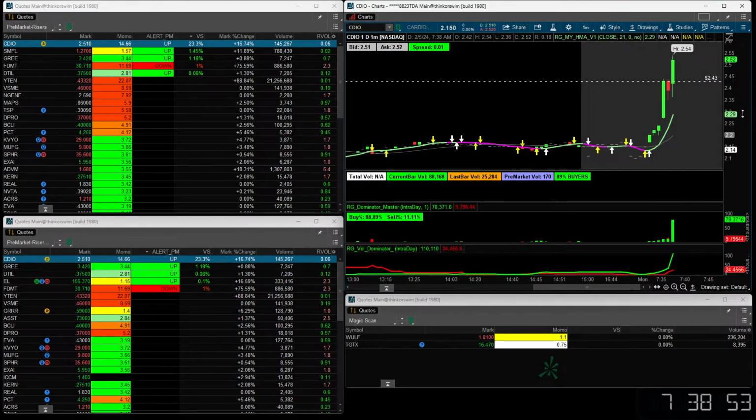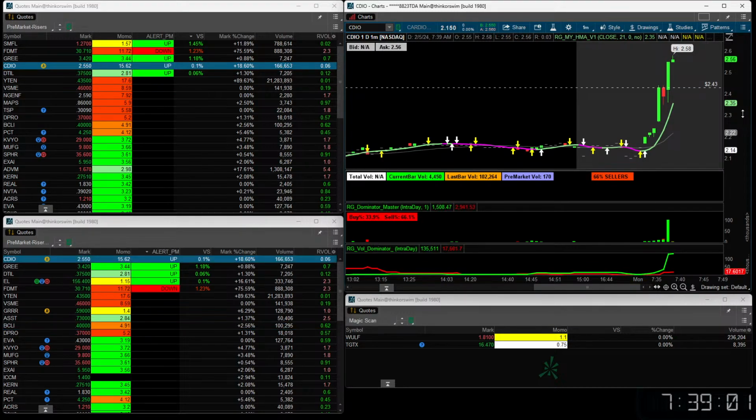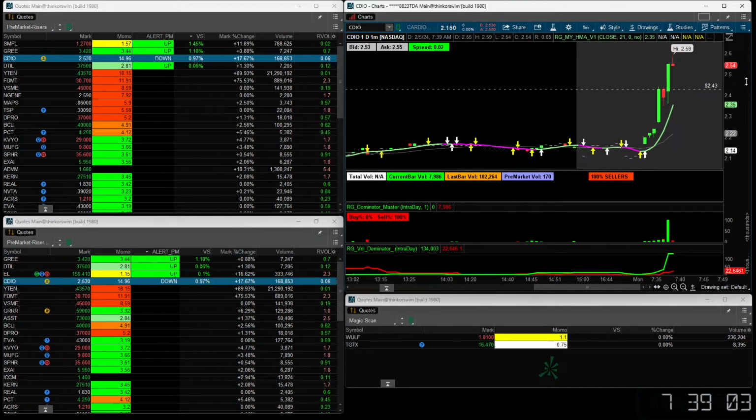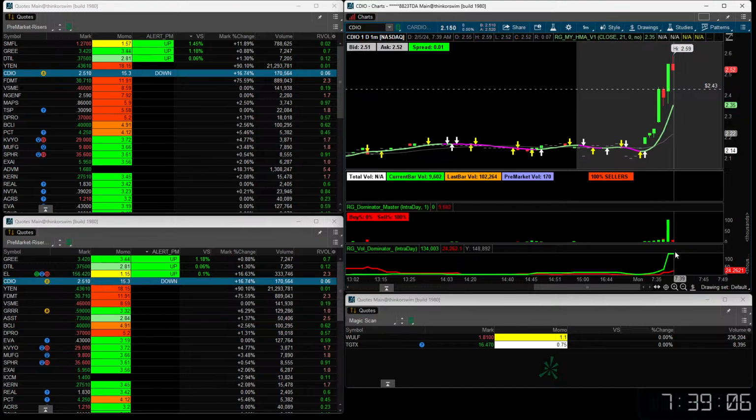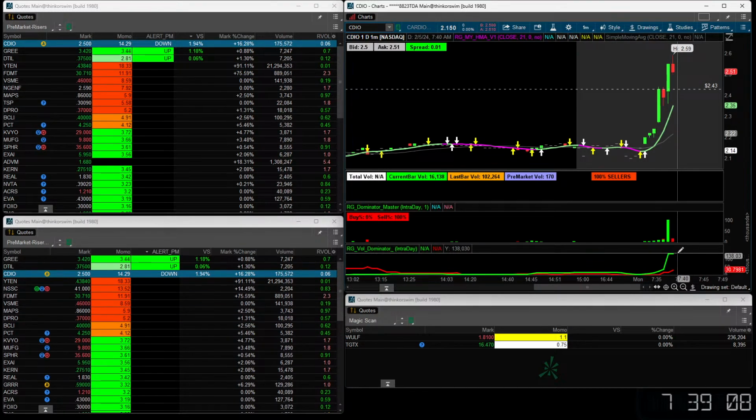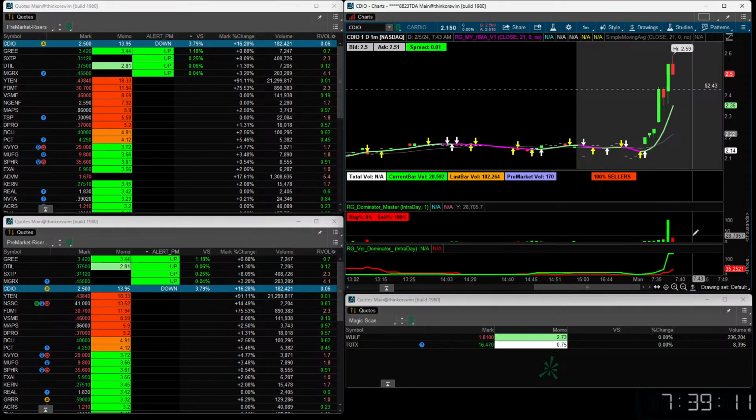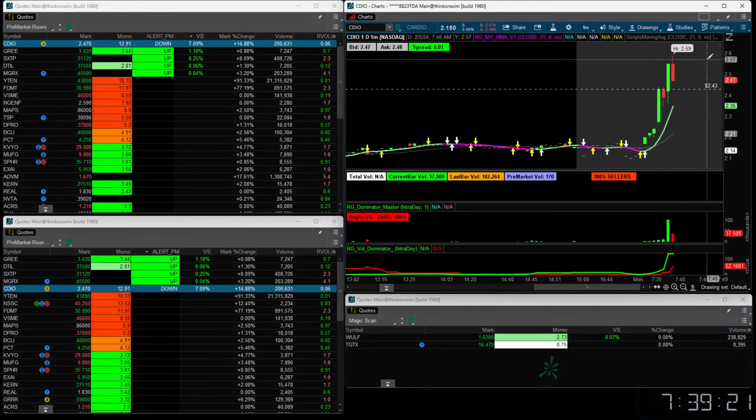Still looking strong here. Going flat down here on Dominator. Red bar coming in. Might come down to retest 243.